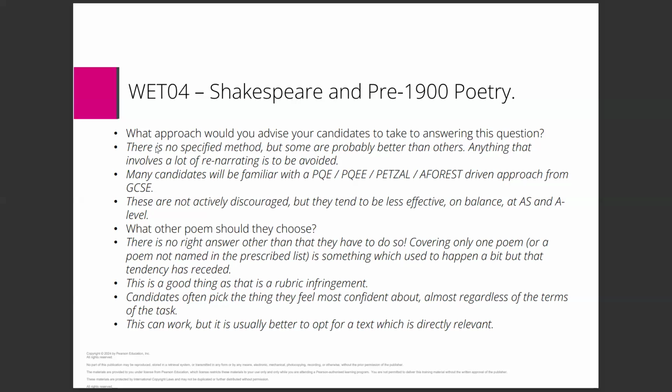While those might be fine earlier in the course for a candidate to build confidence and build an awareness that they're definitely answering the question or providing sufficient examples, by this stage, we'd hope that they would form a shape to a response which is, as we saw with Section A, a little bit more cogent and cohesive, balancing out comments on the poem with comments on the wider context.